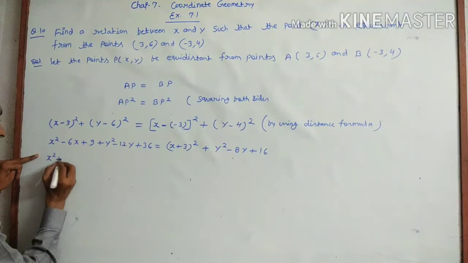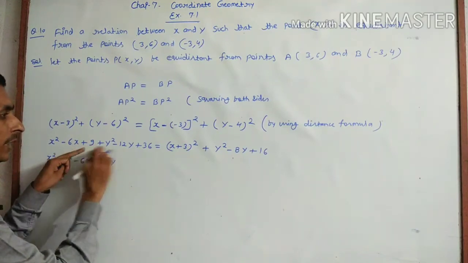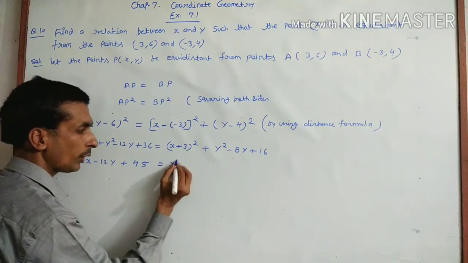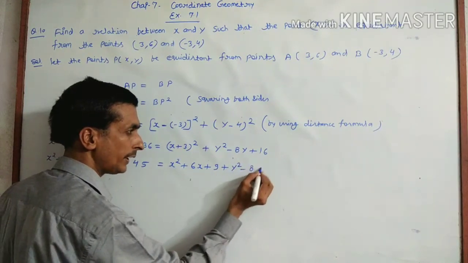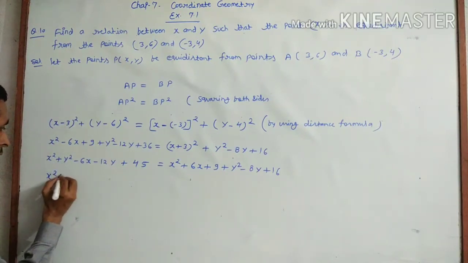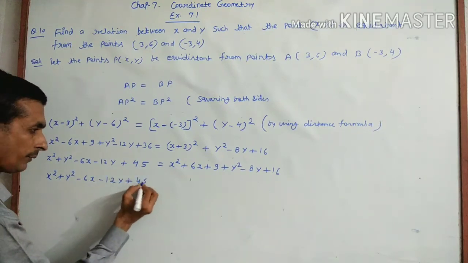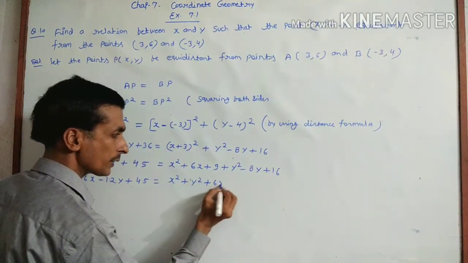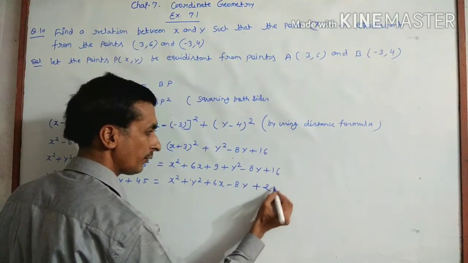Here x square plus y square minus 6x minus 12y, and 9 plus 36 is equal to 45. Similarly here x square, 3 times 2 is 6x, and 3 times 3 is 9, plus y square minus 8y, plus 16. After solving, this equation is as it is, there are no changes: 45 equals x square plus y square plus 6x minus 8y, and 16 plus 9 is 25.